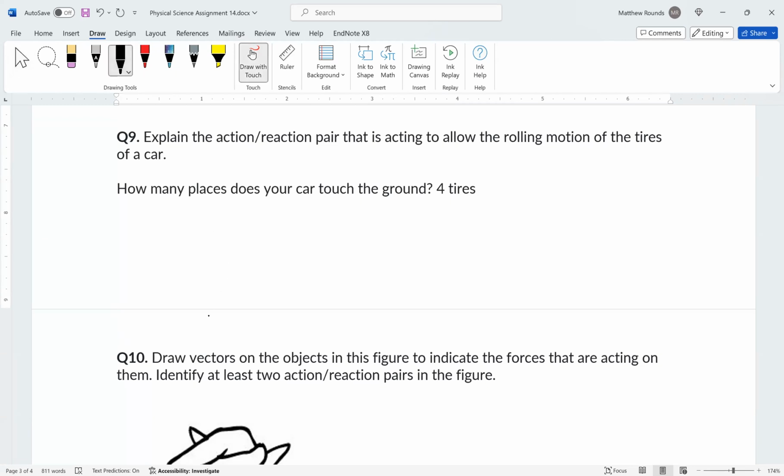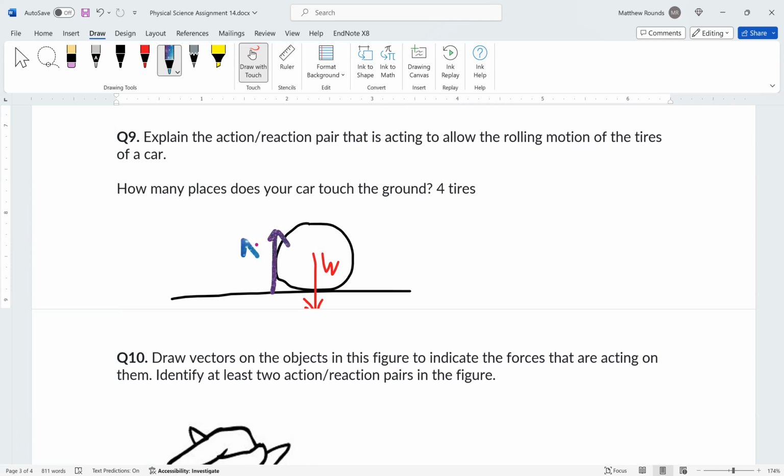So this time I will make a drawing, even though it doesn't ask for it. There is the ground. There is your tire. The car has a weight that pushes down, and the ground pushes back up. You can think of the ground pushing back up.